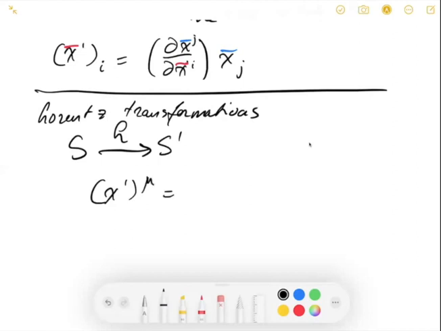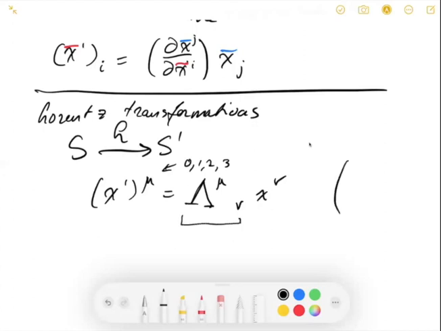We're using Greek indices now because mu is 0, 1, 2, 3, since we're adding time, or rather c times time. We get that by taking the Lorentz transform, lambda mu nu, times x nu.